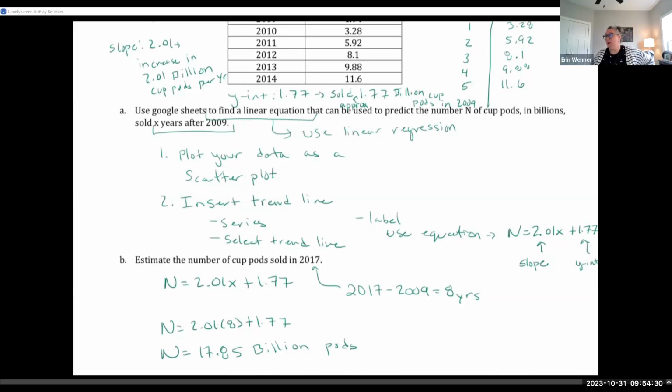So I did look up because I was curious. Keurig's crazy. So Keurig eventually got its name because the founders looked up the Dutch word for excellence. So that's what Keurig means, is excellence in Dutch. And it was started in 1992, and it first started offering the K-Cup pods in 1998.